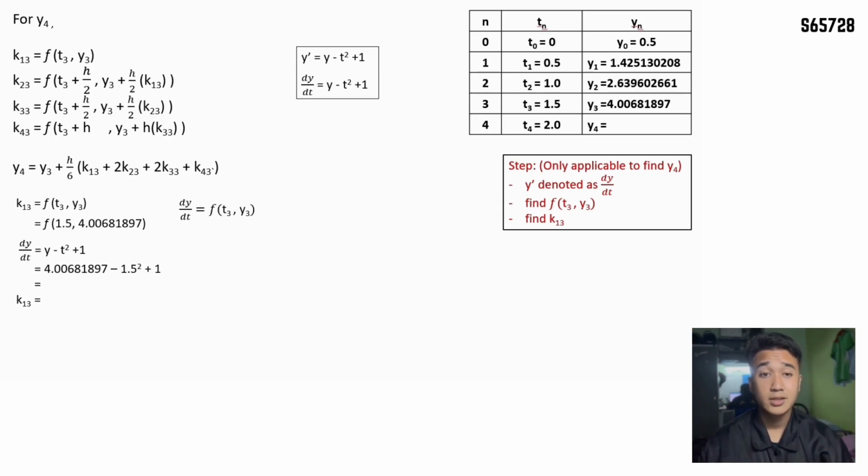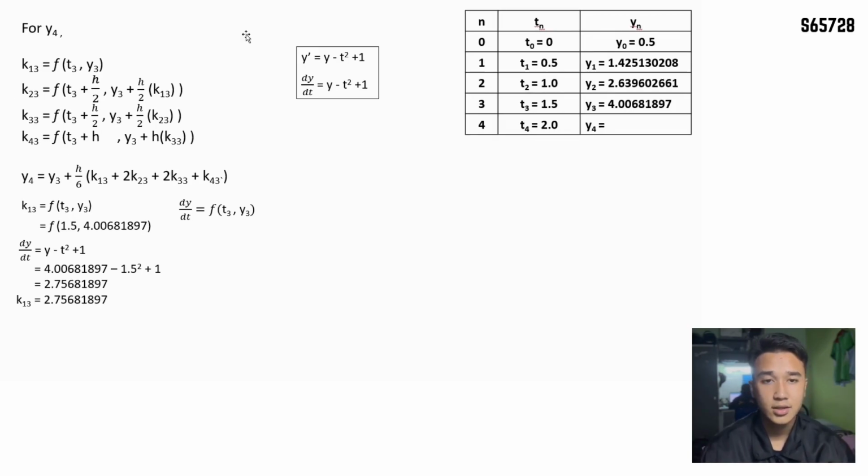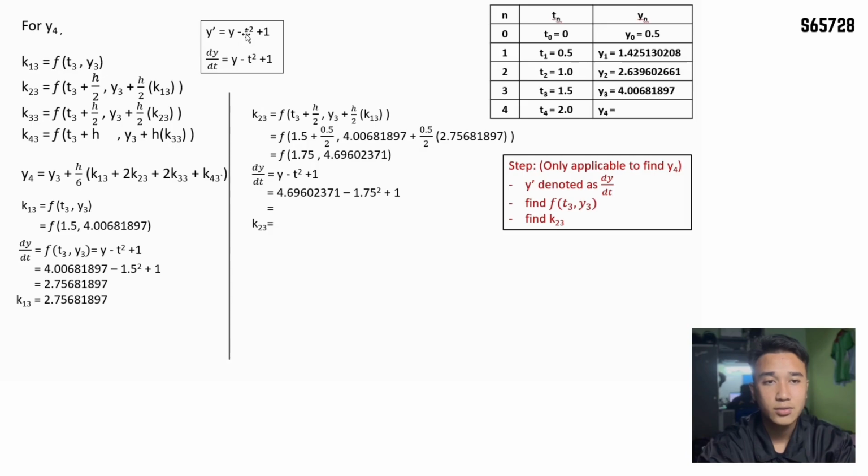So the first step is we find first the value of k13, where we know the value of t3 and y3: 1.5 and 4.00681897. So we substitute these two values in the equation y minus t squared plus 1, and we will get the answer. The answer is 2.75681897. After that, we can find the value of k23, which has the formula t3 plus h over 2, and for the value of y3 plus h over 2 times k13.